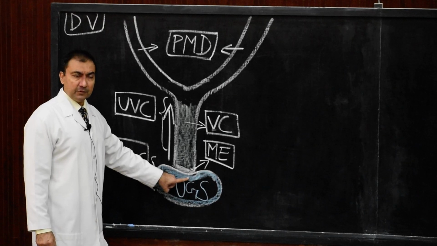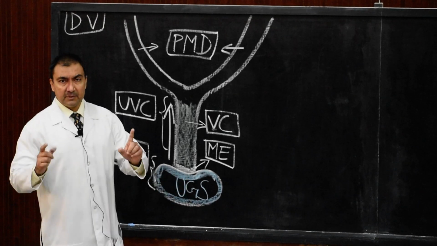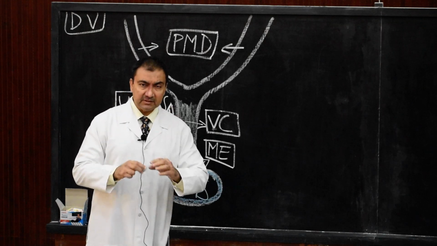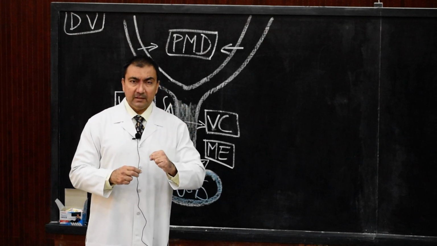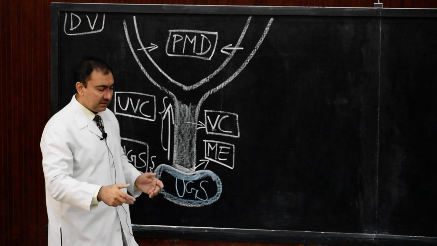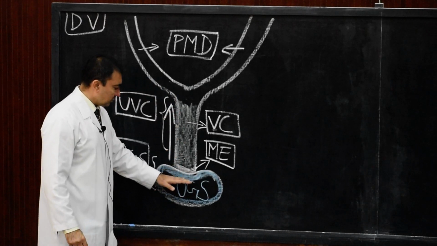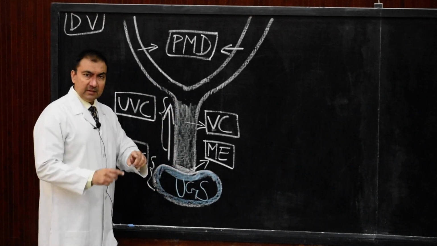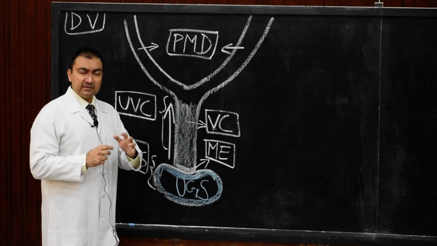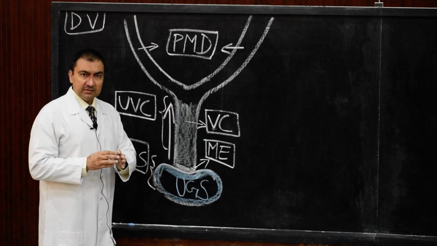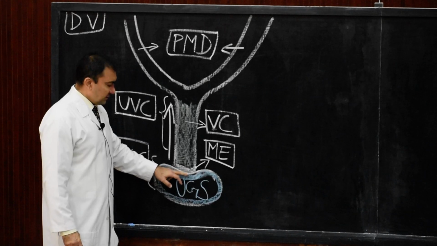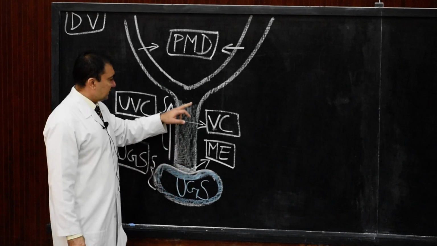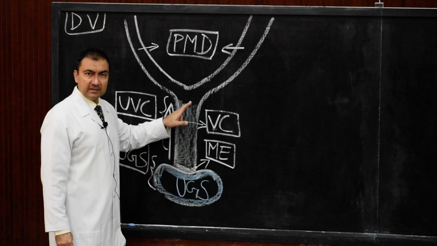Now we come to the third step, in which there will be proliferation from the dorsal wall of urogenital sinus, and the dorsal wall of urogenital sinus is endoderm. It is made up of endodermal cells. So these endodermal cells will proliferate, and in which direction? Again, upwards, from caudal end to cranial end, and they will naturally increase the space between the urogenital sinus and the cranial part of uterovaginal canal.